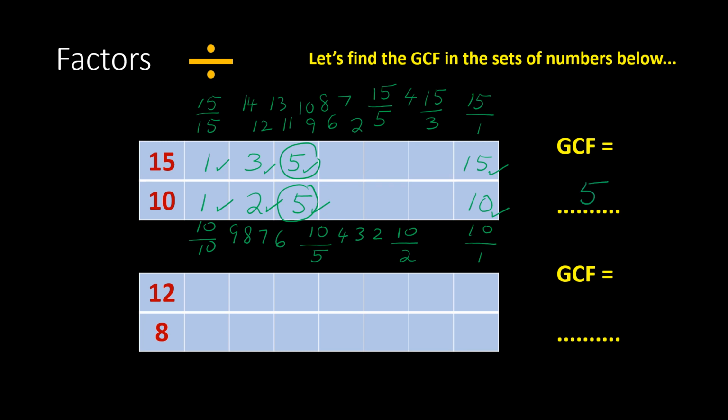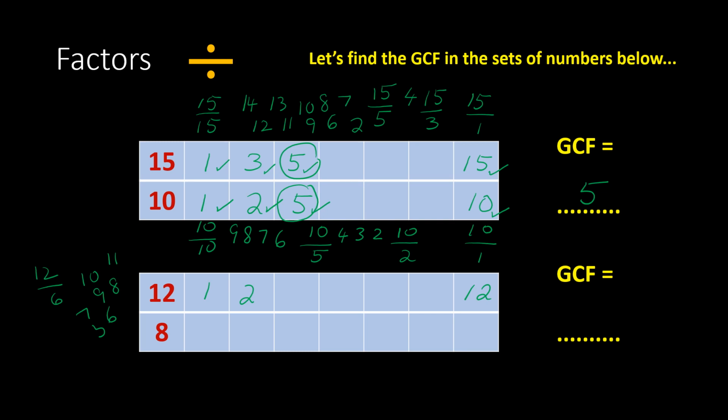Let's try 12 and 8. Now, can we divide? We divide 12 by 12, you get 1. And we know we have 12 at the end. So 11, we can't. 10, no. 9, 8, 7, no. 6, oh yes, 6. 12 divided by 6, we get 2.